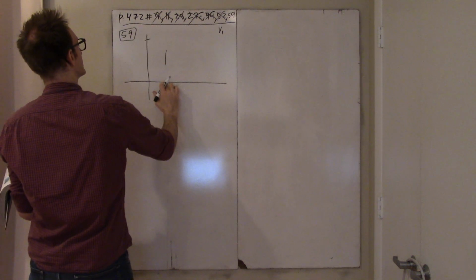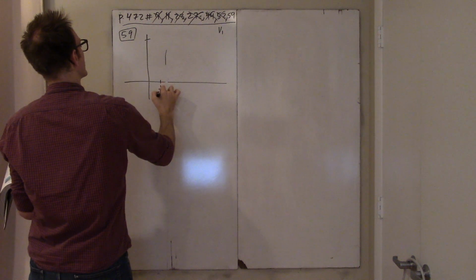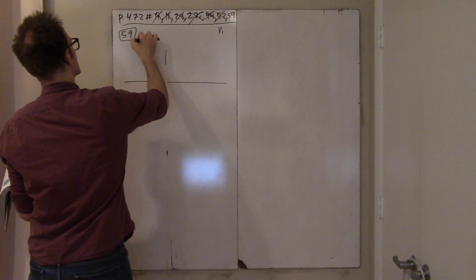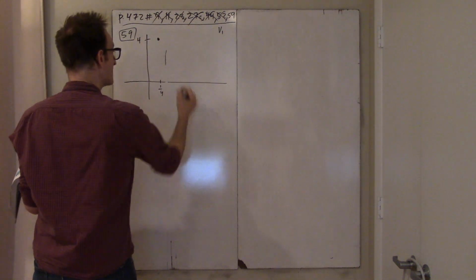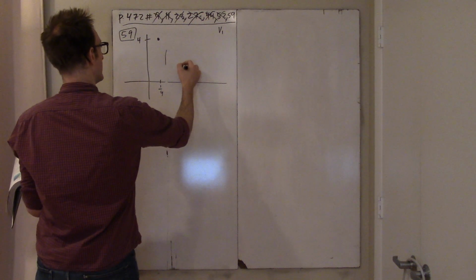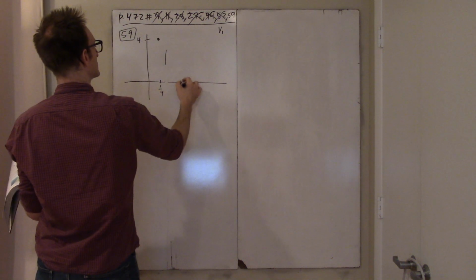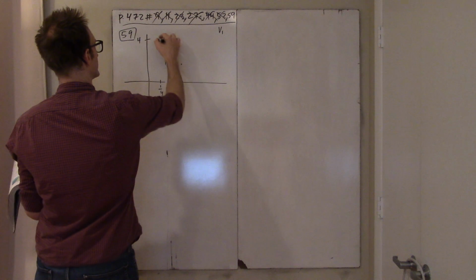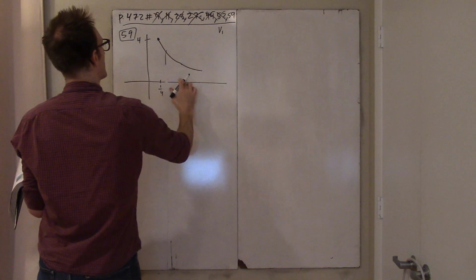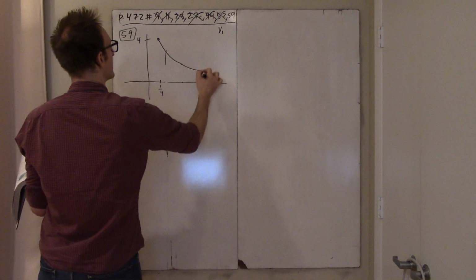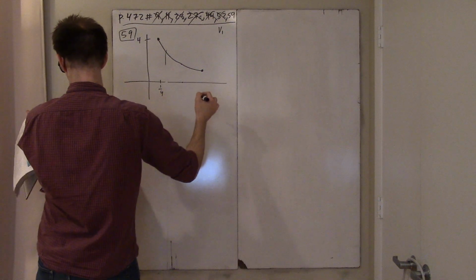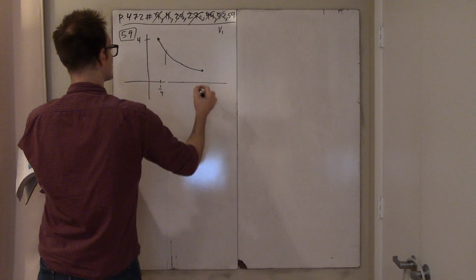So that's 1/4, and then way up there is 4. And then we have something that looks like this, if that's 1. Okay, and then at some point we stop, and we get to x equals c.